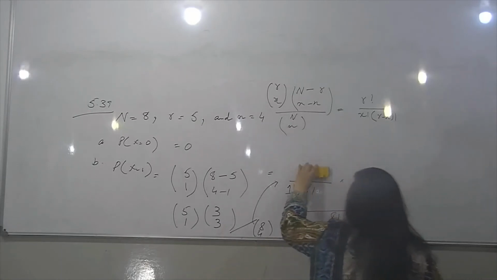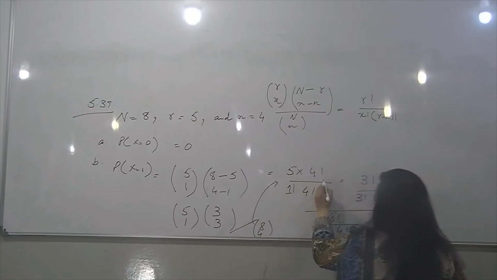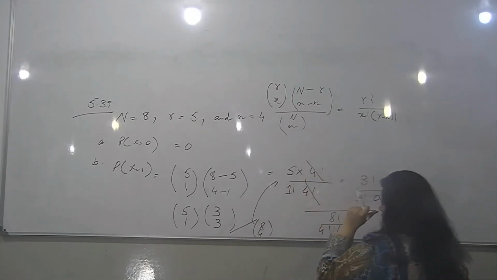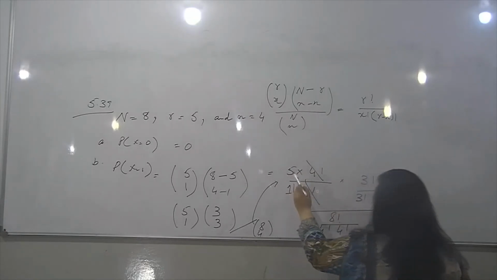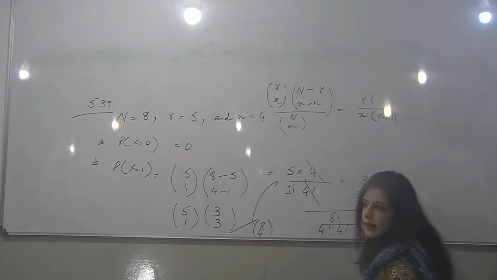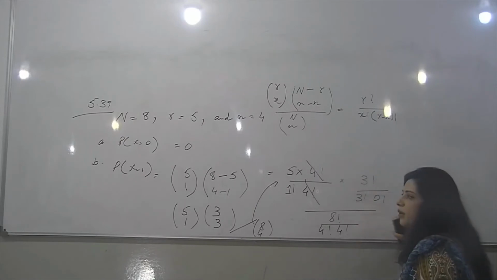So you can just see, I'm just going to be breaking this with 5 into 4 factorial, because it's going to be 5 into 4, 3, 2, 1. So 4 factorial and 4 factorial are going to get cancelled, and this just comes to about 5. And in this, you know that 0 factorial is 1, and I've already explained why 0 factorial is 1. Just go back to one of my lectures and you'll recall this part.